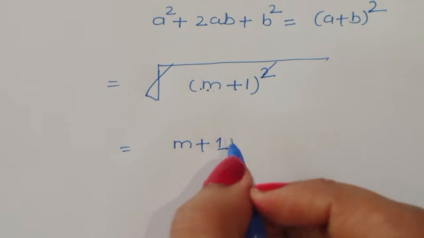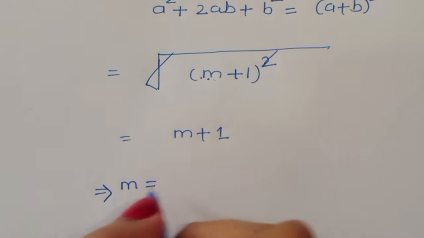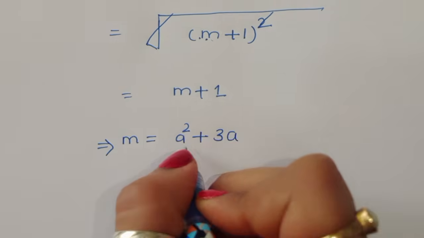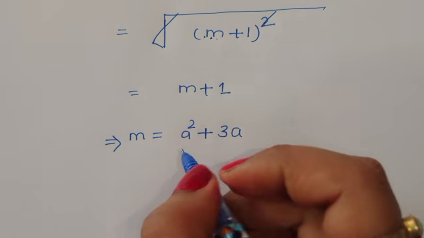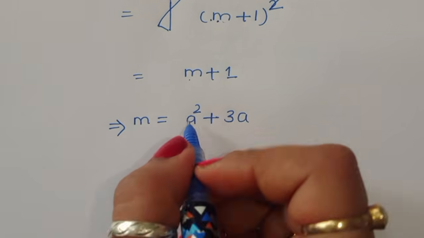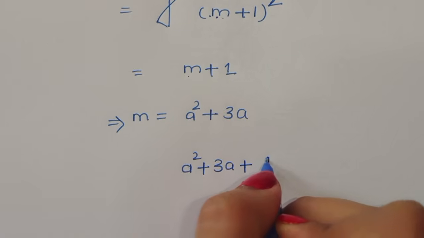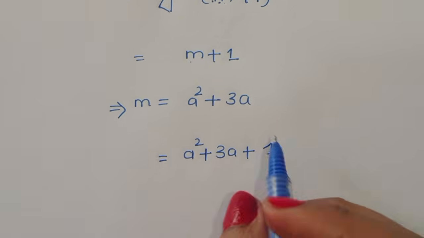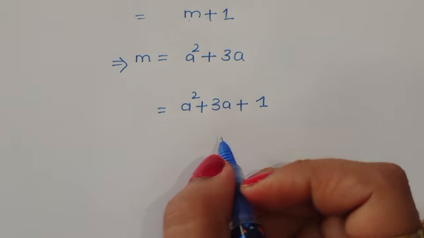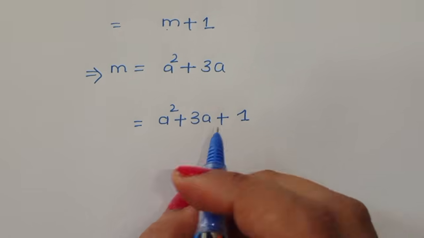Now we already considered that M is equal to A square plus 3A. So we have to substitute the value of A square plus 3A, that is M, in M plus 1. So here we can write A square plus 3A plus 1, right?